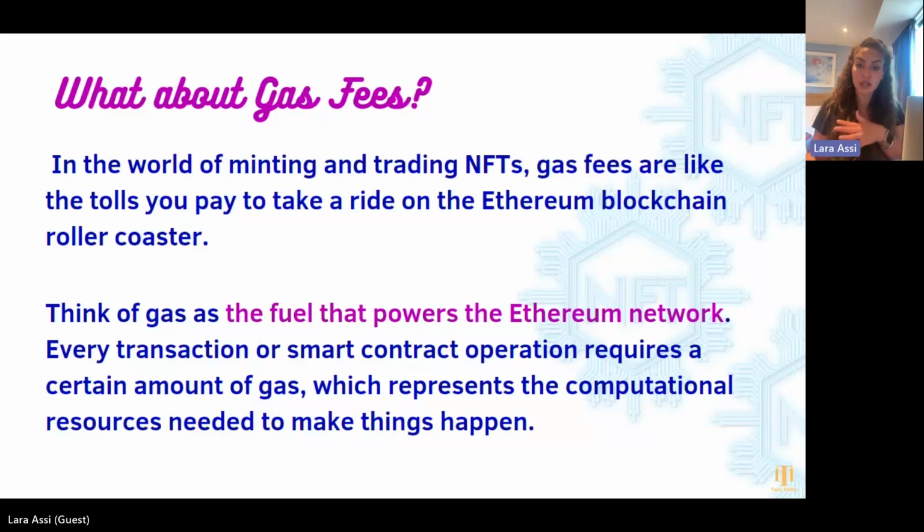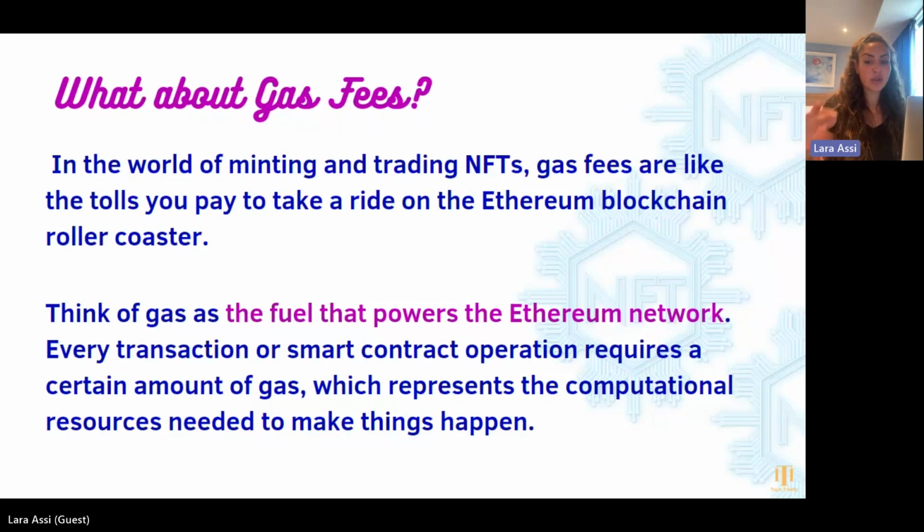Every transaction or smart contract operation needs a certain amount of gas, which represents the computation resources needed to make things happen. So once you want to mint your NFT, which turns it into that cryptographic code registered on the blockchain, you also have to pay these fees, these tolls on the Ethereum blockchain roller coaster.